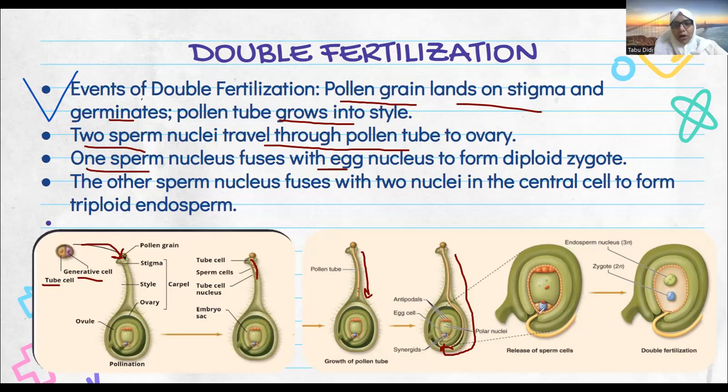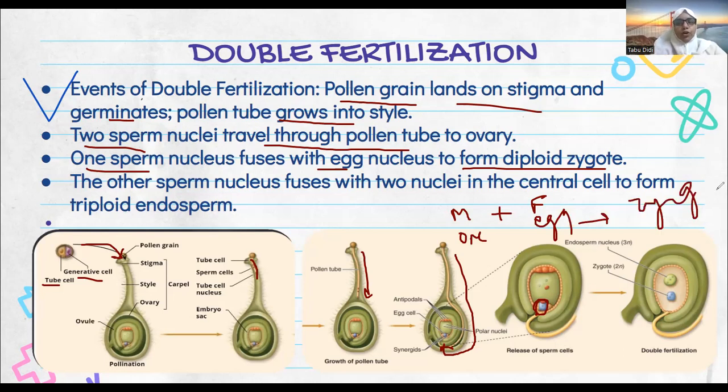So one sperm will fuse with the egg cell and this will form a diploid zygote. It's the male gamete plus the female gamete, that is, one of the sperm cells and the egg cell. They have now come together, fusion has taken place and the zygote will be formed.